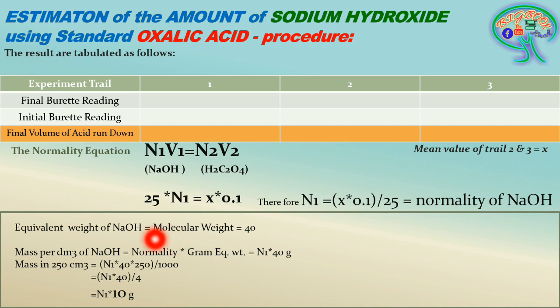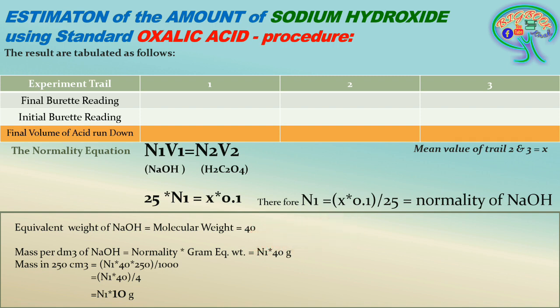So the value we got, N1 into 40, will be divided by 4 parts.